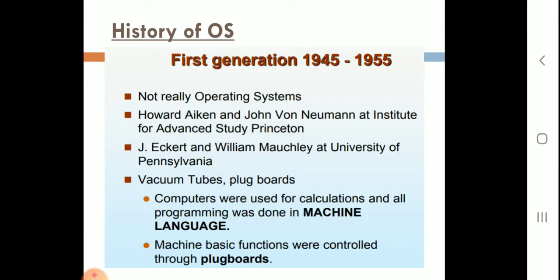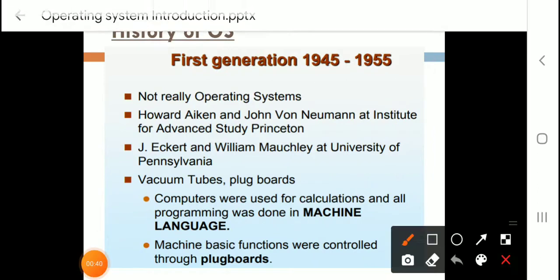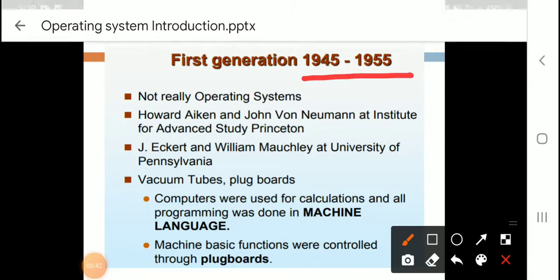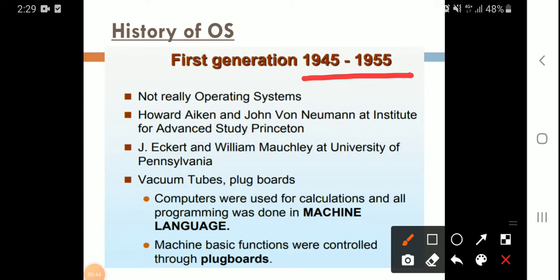In this lecture we focus on the evolution of the operating system from the first generation to the fourth, up till now. The first generation is between 1945 and 1955. It's not really an operating system. The people involved were Howard Aiken and John von Neumann at the Institute for Advanced Study, Princeton.